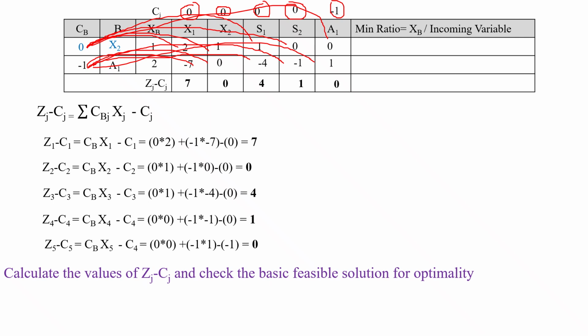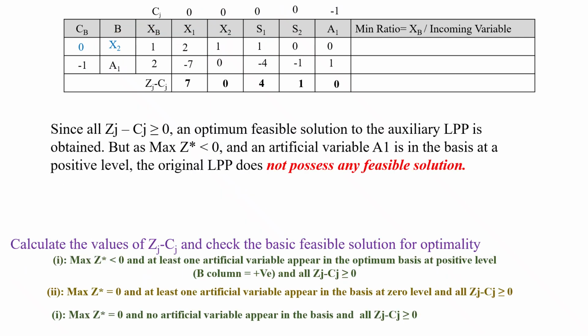Here all the Zj minus Cj values are positive. We also have to check the other condition, to verify whether we got the optimal solution or not. One more thing you have to check: whether maximum Z star is less than or equal to 0.